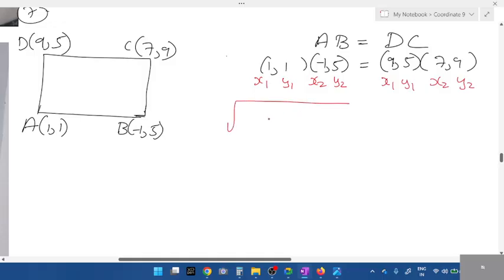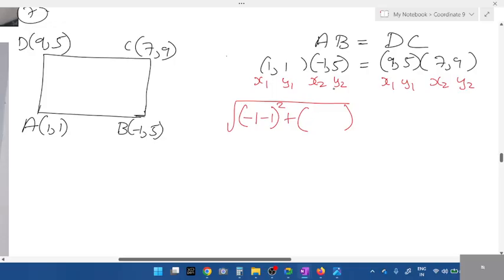What's the formula? Square root of x2 minus x1 the whole square plus y2 minus y1 the whole square. Tell me the direct value. x2 minus x1: minus 1 minus 1, the whole square, plus, what is y2?